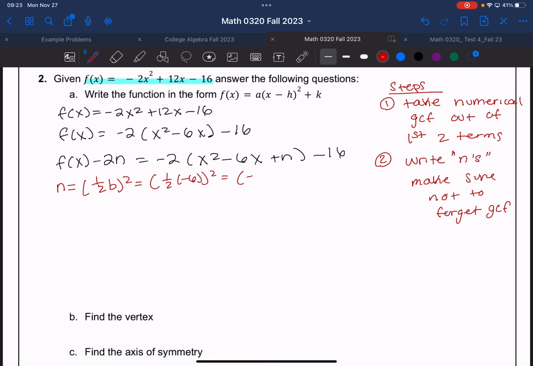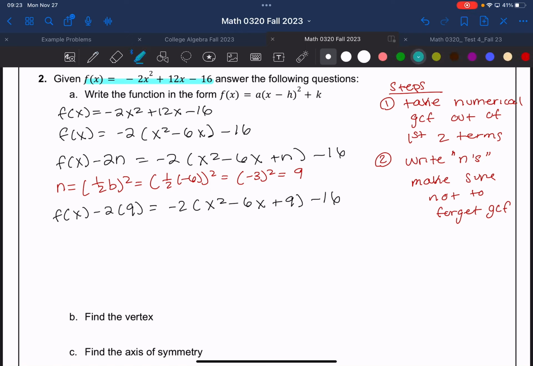So we have -3 squared, which is 9. Okay. So that means my n value is 9. So f of x minus 2 times 9 is equal to -2x squared minus 6x plus 9 minus 16. Anywhere I saw an n, I put a 9.